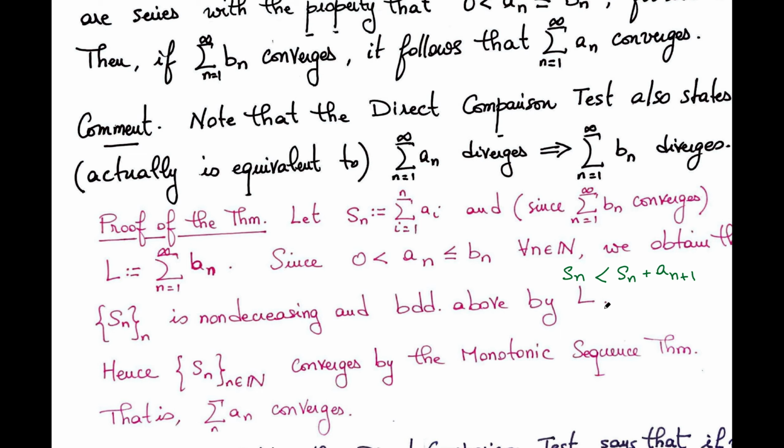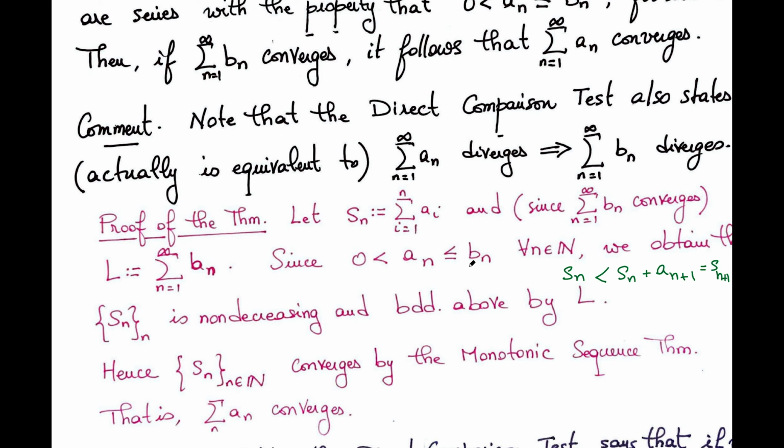So adding to Sn an entity Ai, you're increasing that entity, and this guy is Sn plus 1. Agree with me? So certainly the Sn sequence is a non-decreasing sequence.